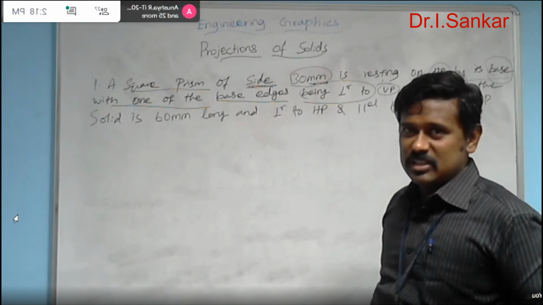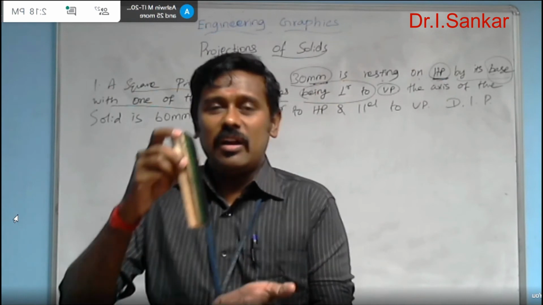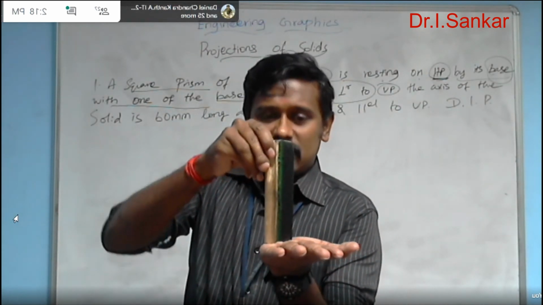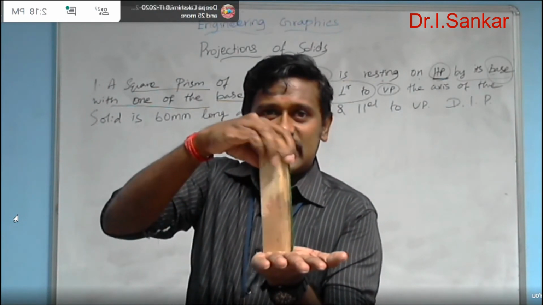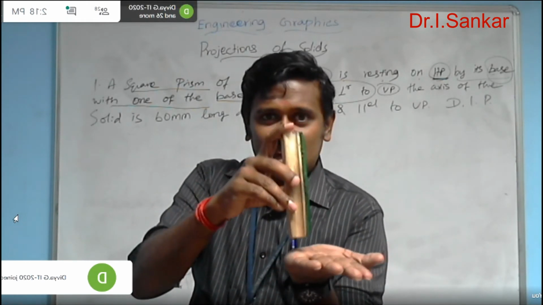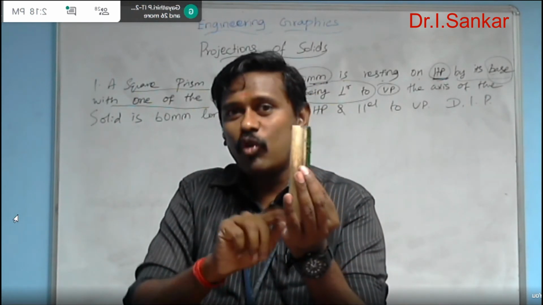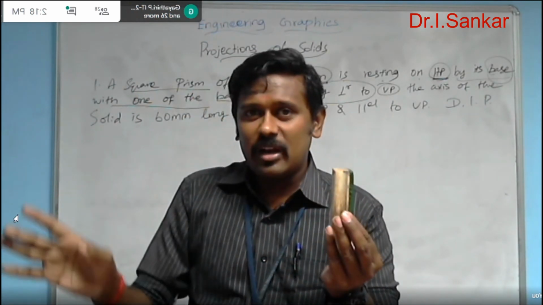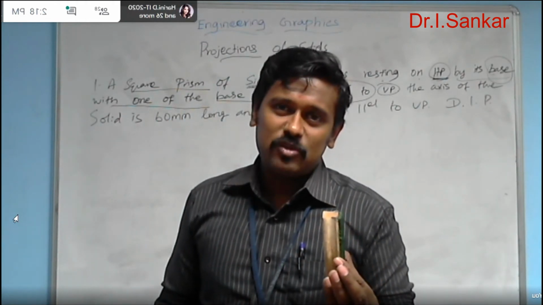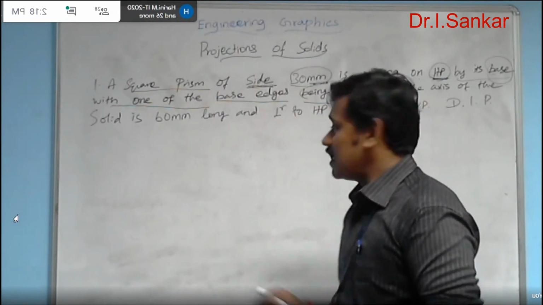The square prism can rest on the horizontal plane by its base in any orientation, but particularly in which way is it resting? How many base edges are there? Four. I am not going to consider all four edges; any one base edge should be perpendicular to VP. In that way you need to rest your solid on the horizontal plane.